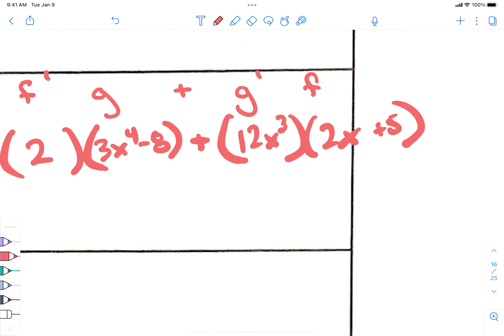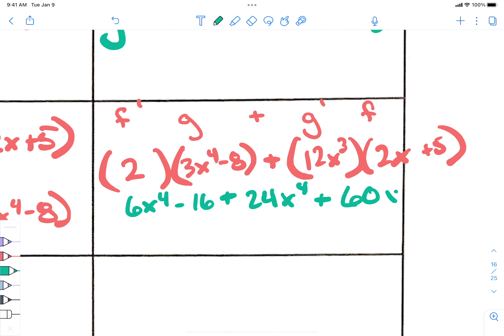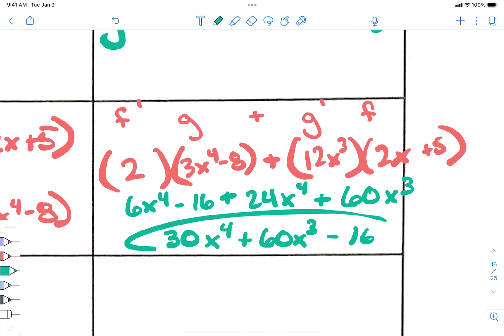Now let's multiply and put it together. 6x to the 4th minus 16, plus 24x to the 4th plus 60x cubed. Then we put it together: 24 and 6 is 30x to the 4th plus 60x cubed minus 16. Done. Wonderful.